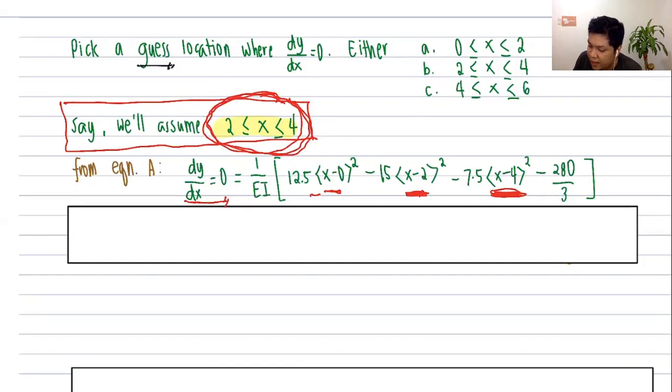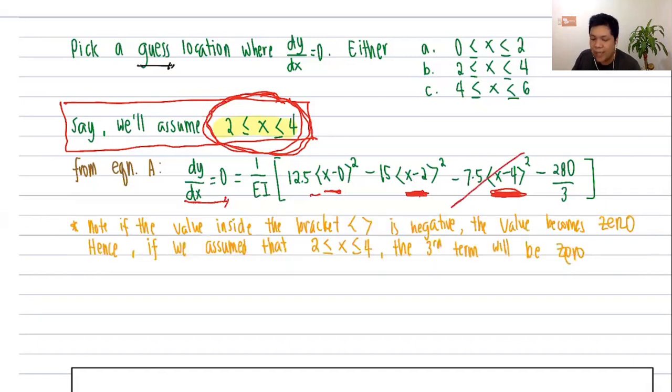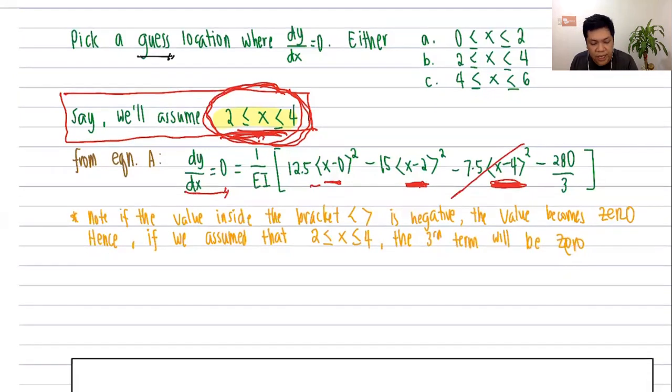We cancel this term, because whatever number between 2 and 4 we take, the value inside the bracket will be negative. So do not forget that step. The third term will be equal to 0.